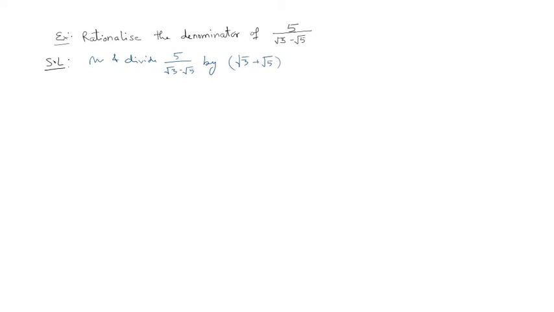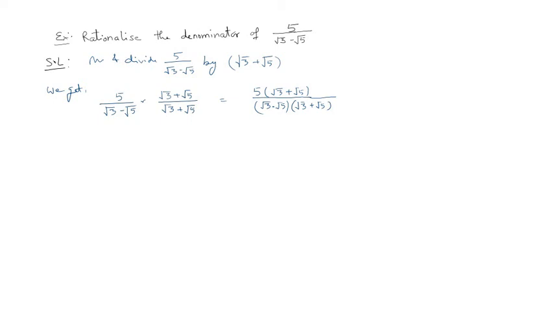So we will get 5 upon square root of 3 minus square root of 5 times square root of 3 plus square root of 5 divided by square root of 3 plus square root of 5. So it will become 5 times square root of 3 plus square root of 5 upon square root of 3 minus square root of 5 multiplied by square root of 3 plus square root of 5.